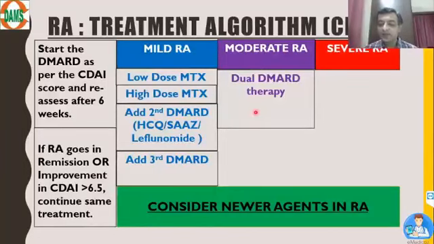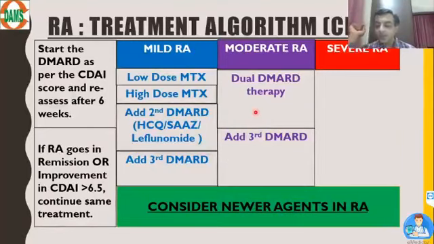If it doesn't work in 6 weeks, then you add the third DMARD, and consider a newer agent if it is not responsive.